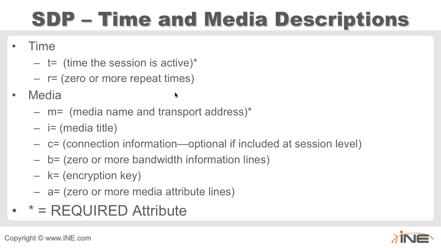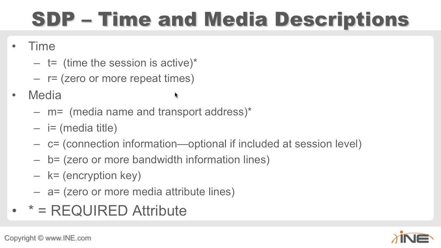Okay. For time, we have T and R. The time is the required value, and R is basically repeat that line or multiple lines more than once. Have more than one timeline.